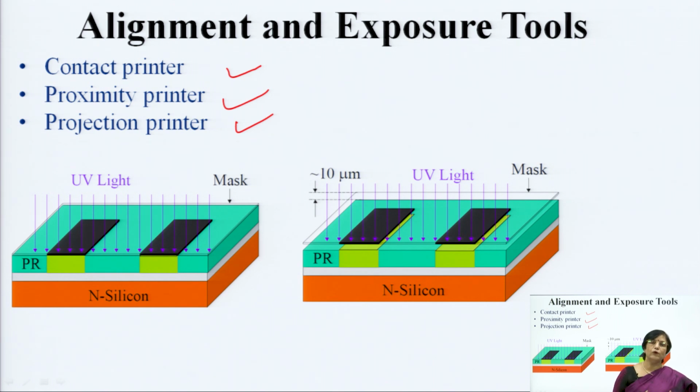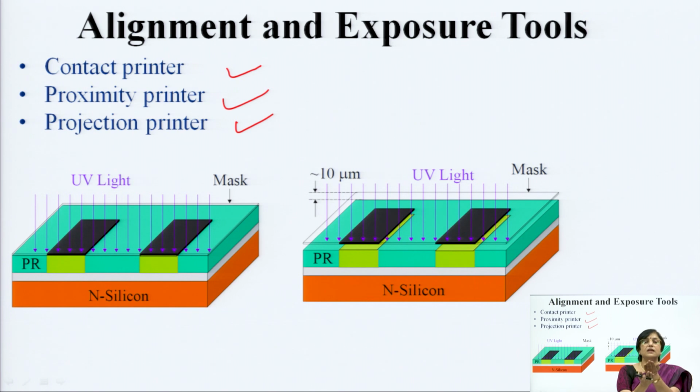So, either chrome-coated or emulsion-coated masks are used. Too much handling can develop scratches on them, and some of the chrome portion can get eliminated. Another issue is that whatever contamination is on the mask will get transferred onto the wafer, because it is directly in contact with the wafer.